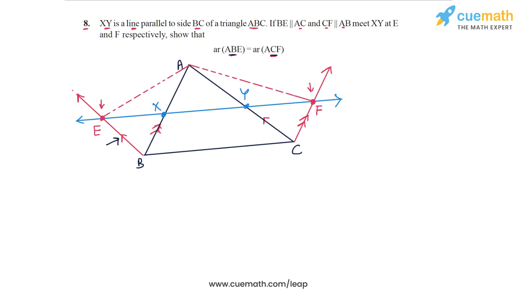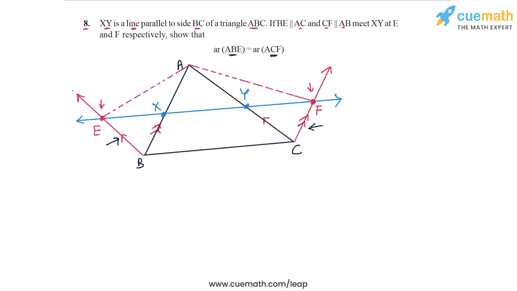In the second step, we are going to show that the area of triangle ACF, this triangle, is half of the area of the parallelogram FCBX, because this triangle and parallelogram are on the same base FC and they are between the same parallels FC and AB.